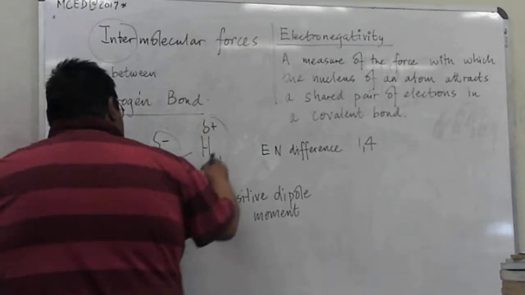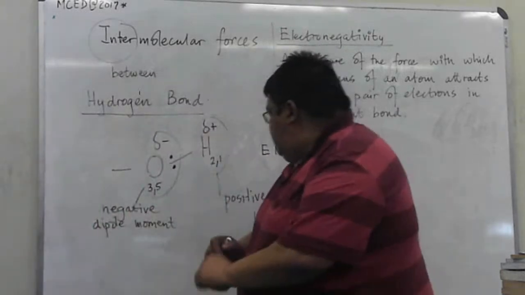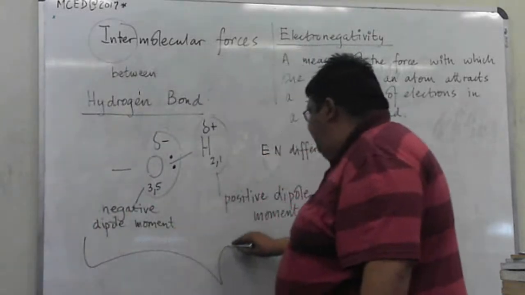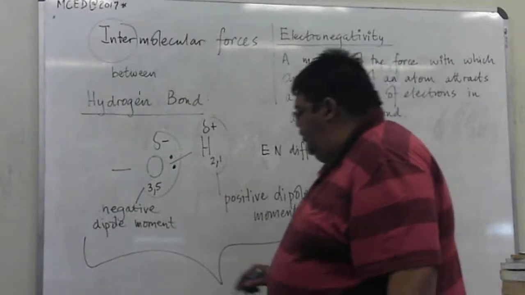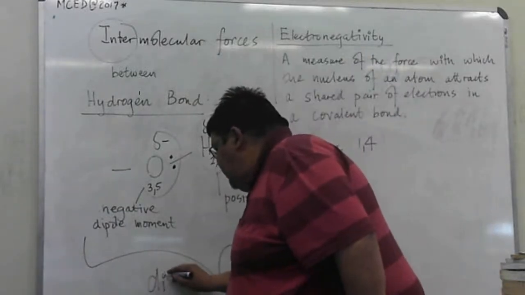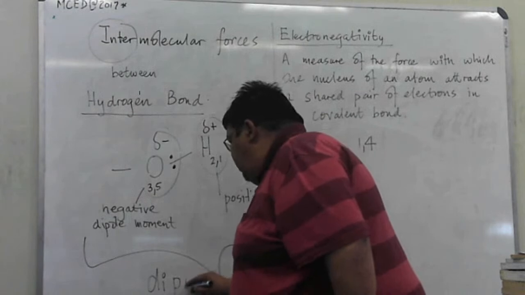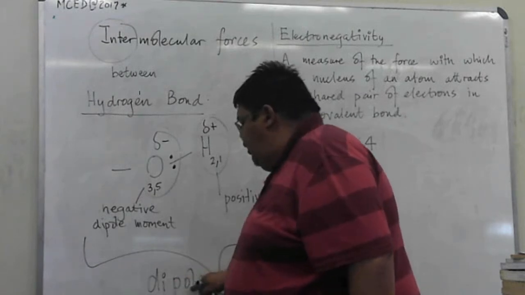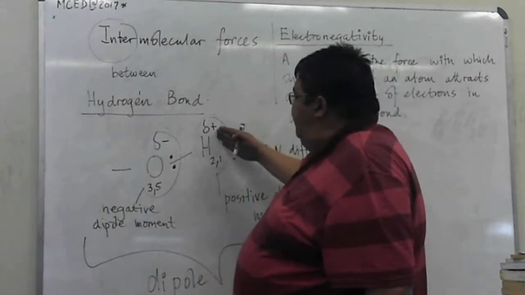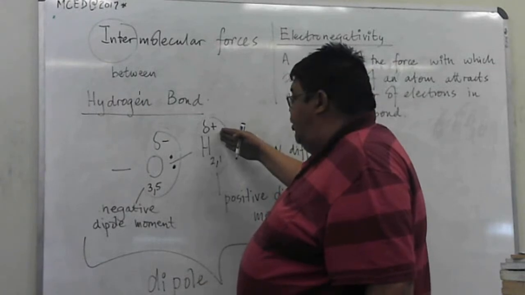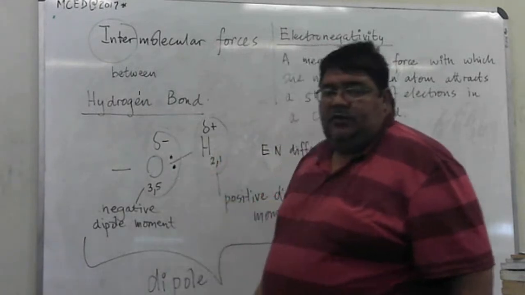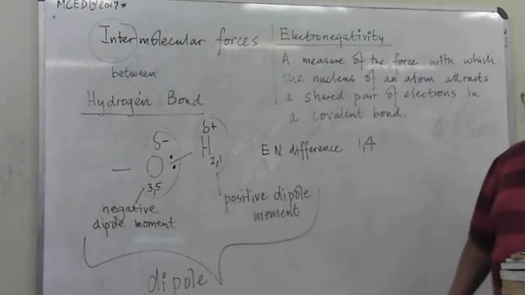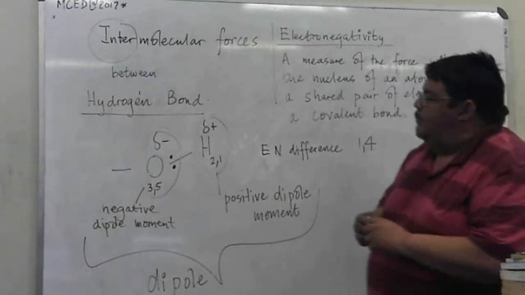Together, the positive and negative dipole moment forms a dipole, where di means two poles. Positive dipole moment, which is the positive pole, negative dipole moment, which is the negative pole, and so we have a dipole.